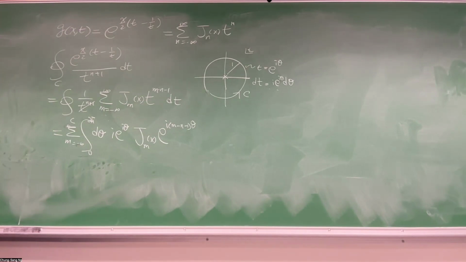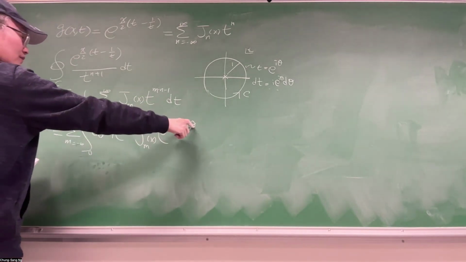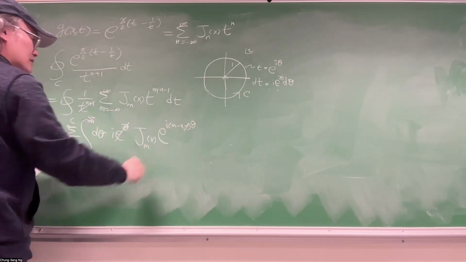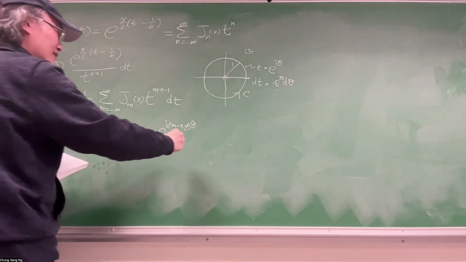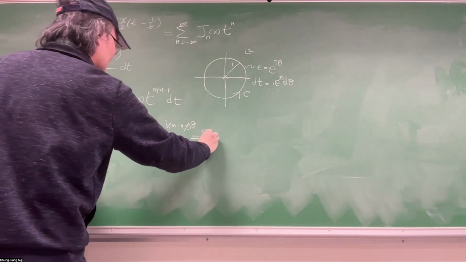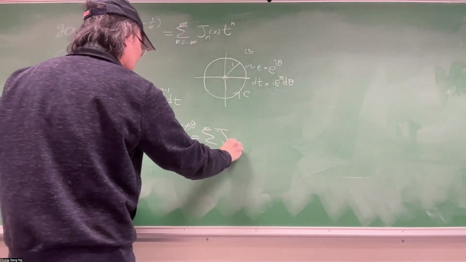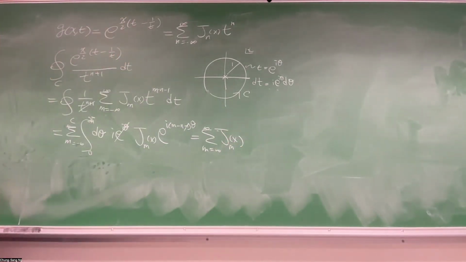And you can cancel this e to the I theta with this minus 1. So what is this now? Is it easier to see? This is the sum over m, and the rest is this integration.